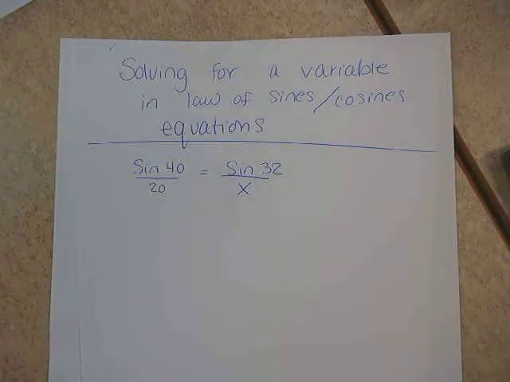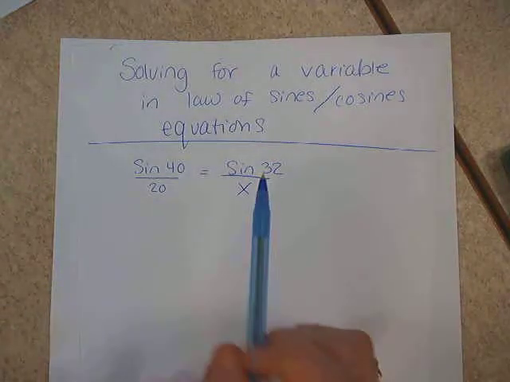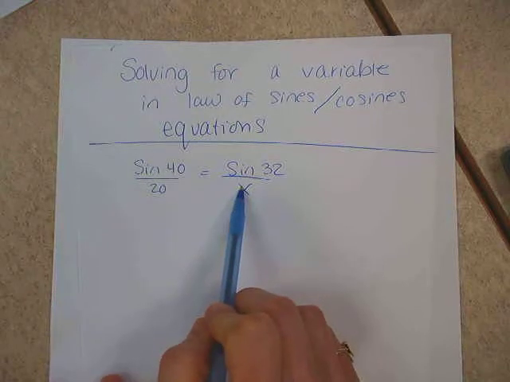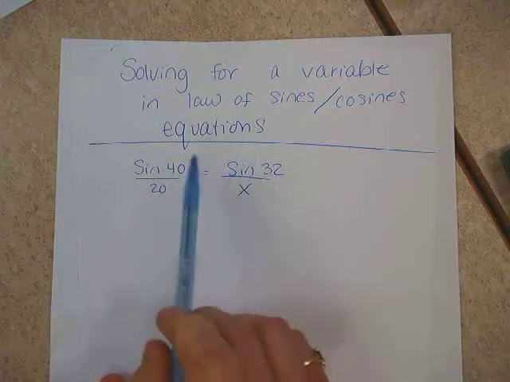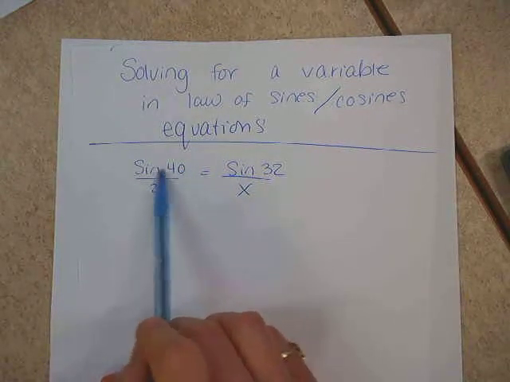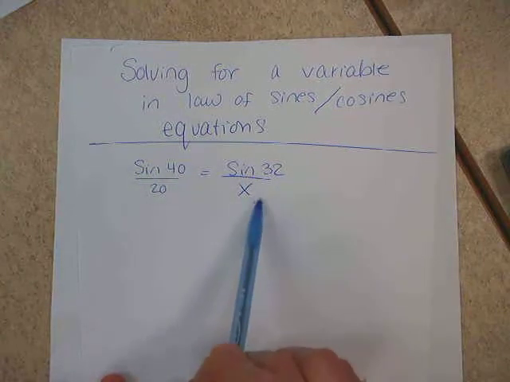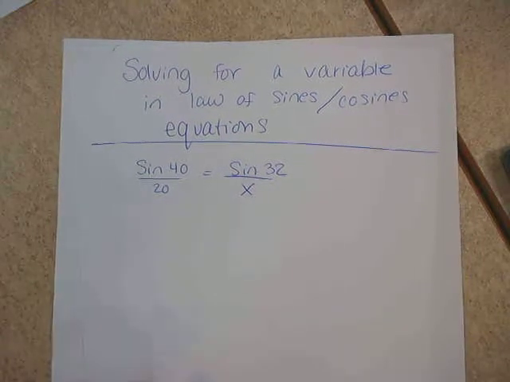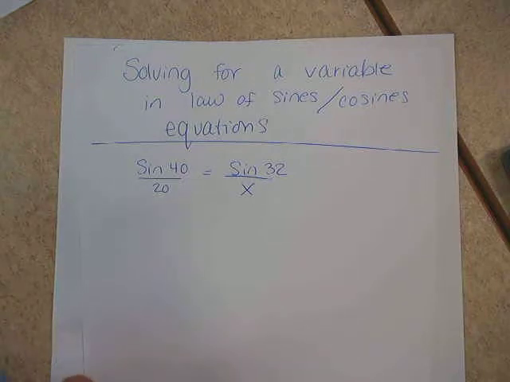So when you're solving a law of sines proportion, the first situation we're going to look at is when one of the sides is unknown. So you don't have a variable in your sine part, it's just an unknown side. There's more than one way that you can do this.